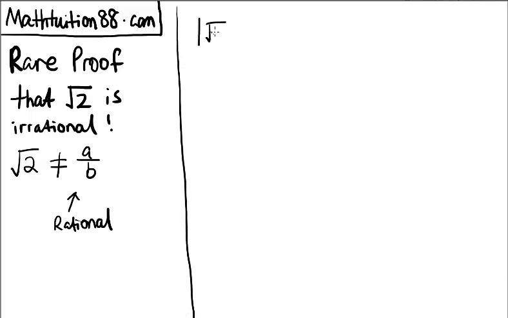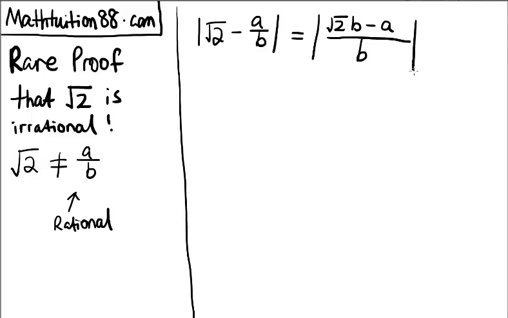First we consider the difference between square root 2 minus a over b. First we can make it into the same denominator b. This will be square root 2 b minus a over b. Next we will rationalize the numerator.